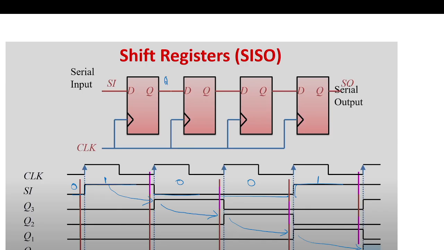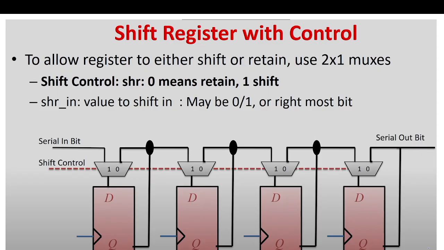So this is Q3, Q2, Q1, Q0. It is taking 4 flip-flops, so a total of 4 clock cycles to reach the output. So the next 0 will appear here, and then here, and one more clock cycle to get the 0. So this is a serial in, serial out shift register.